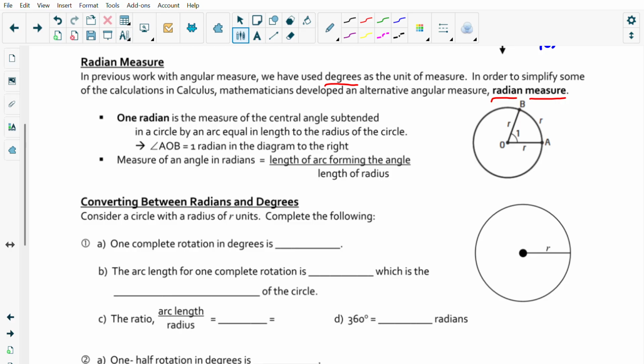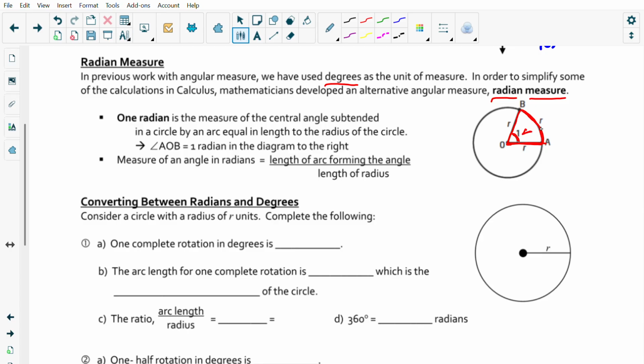1 radian is the measure of the central angle subtended in a circle by an arc equal in length to the radius of the circle. So if this is the radius of the circle, the arc subtended, I know it's rounded, but if it's equal in length to the radius of a circle, that central angle is exactly 1 radian, shown in the diagram.